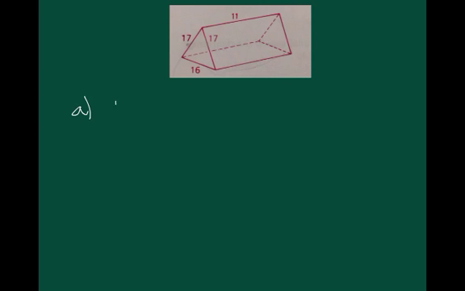So you could say 11 times 17, and that would be the lateral face that's coming toward us, plus 11 times 17, which is the lateral face facing away from us, plus 11 times 16, which is the face on the bottom of the triangular prism.